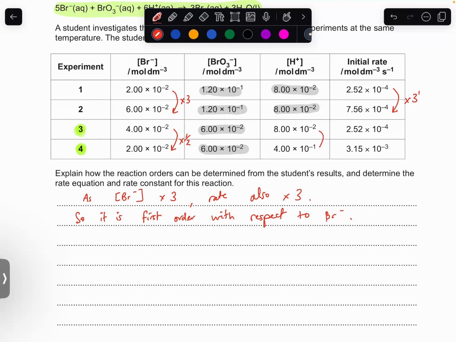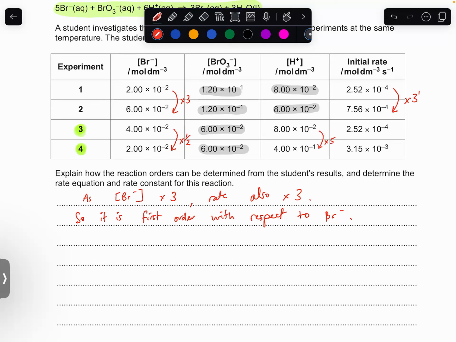Okay, let's see what's going on here. From 0.02 to 0.1, yes, this is multiplying by 5.